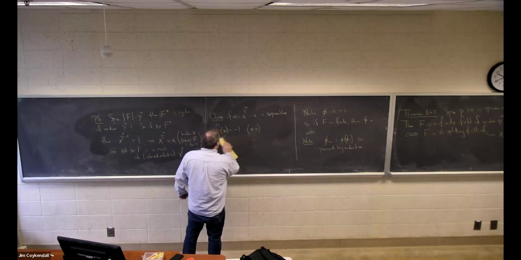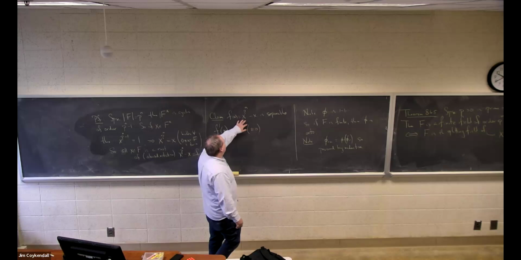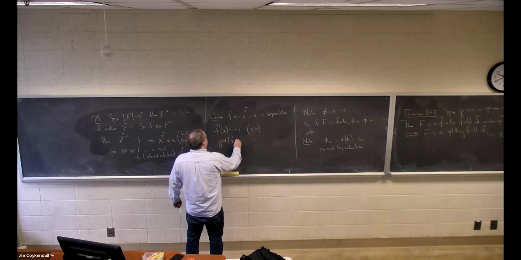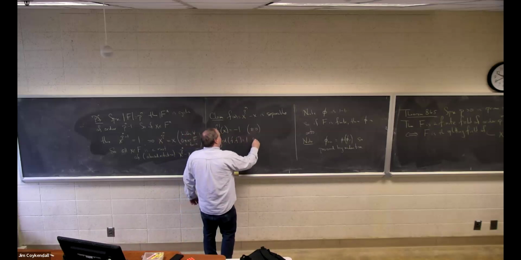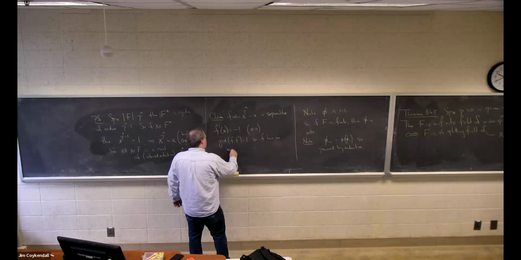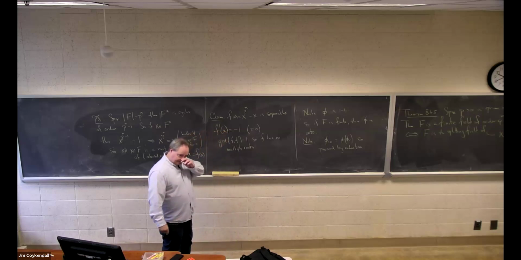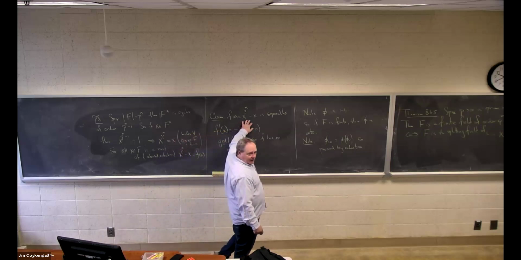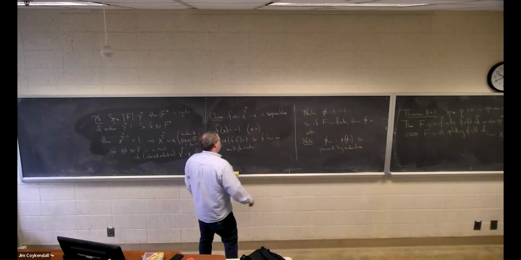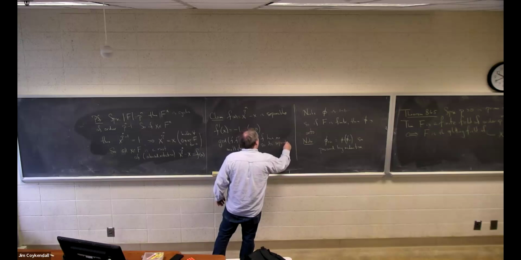So f of x is separable. Well, now let me be a little bit more careful. This is not irreducible, but what we do have is the GCD of f and f prime is 1. So f has no multiple roots. Even though this polynomial is not irreducible over Z_p, we know it doesn't have multiple roots, so it's separable, as claimed.